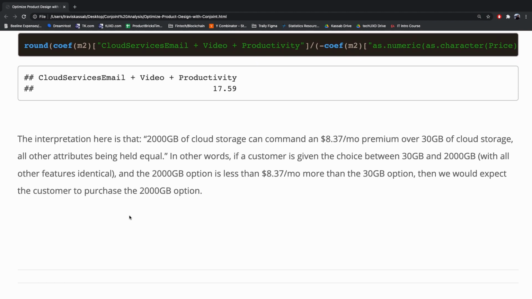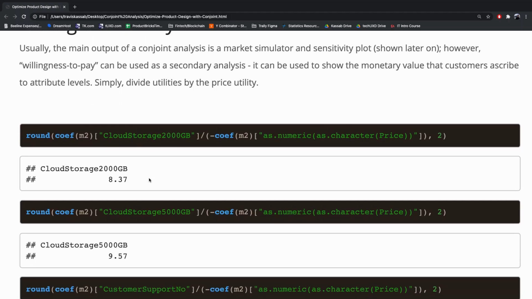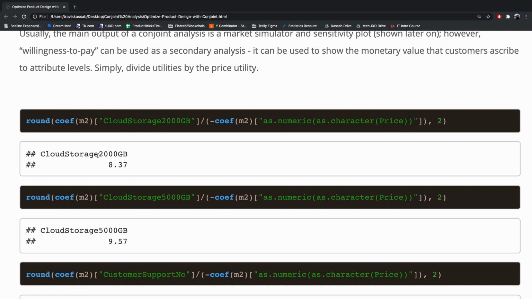And the technical way of interpreting this is 2,000 gigabytes of cloud storage can command an $8.37 per month premium over 30 gigabytes of cloud storage, all other attributes being held equal. So going back up to the cloud storage, 2,000 gigabytes, dividing the utility by price, we get an $8.37 premium for going from 30 gigabytes to 2,000 gigabytes.